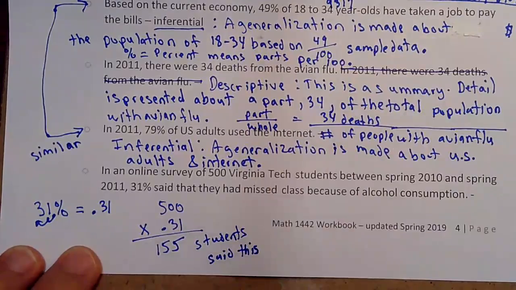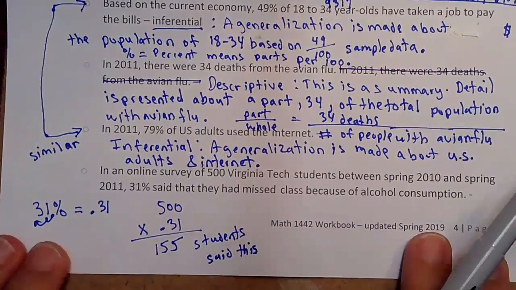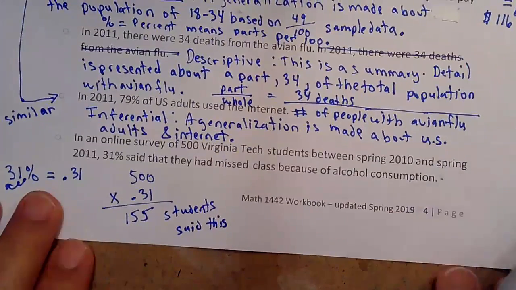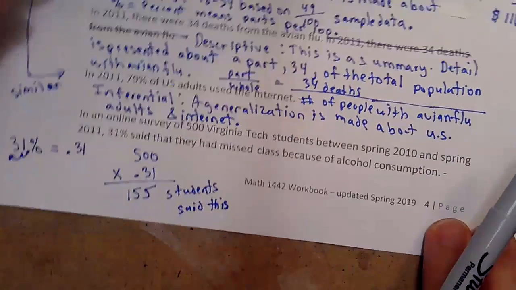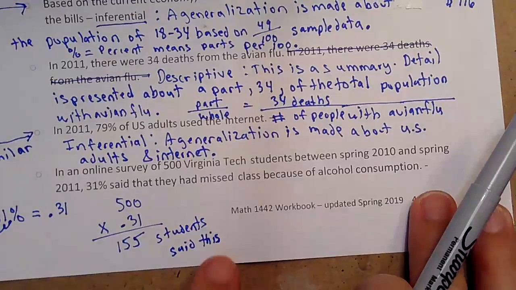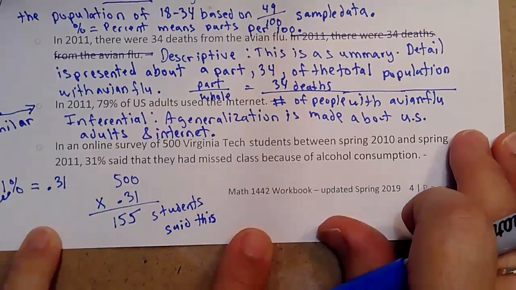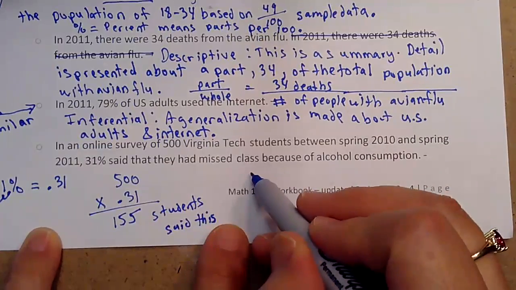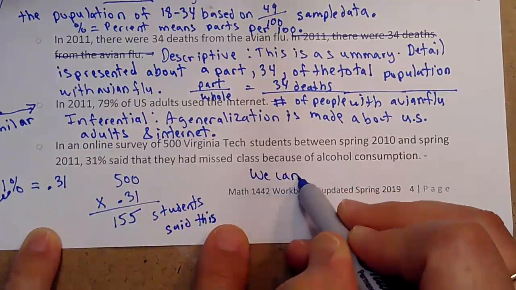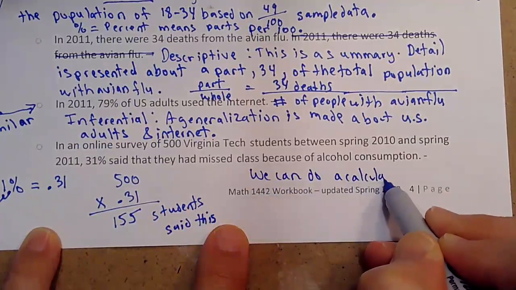They said that they missed class because of alcohol consumption. Okay, so that's unfortunate, right? Unfortunate, because alcohol can do a lot of damage to one's organs over time. But this is an example because we can do a calculation on this one.